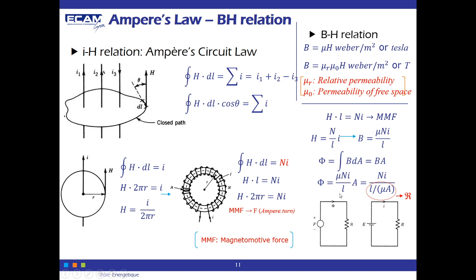In fact, when we have a look at this last term, what we see here is the parametric expression of the reluctance, which depends on the length and the cross-section area of the design. This formulation is obtained for such a toroid system.